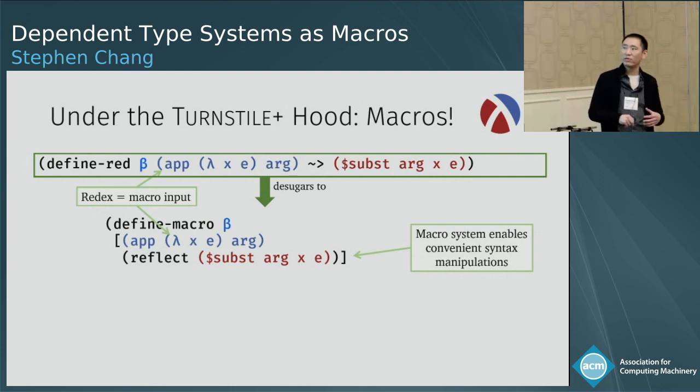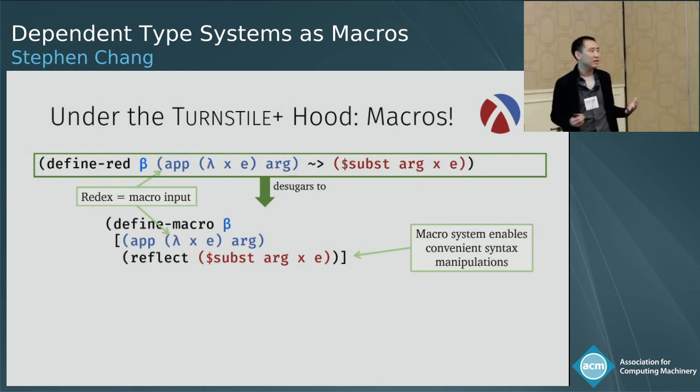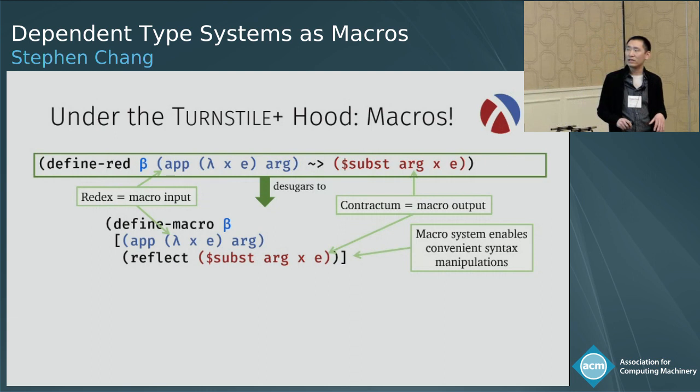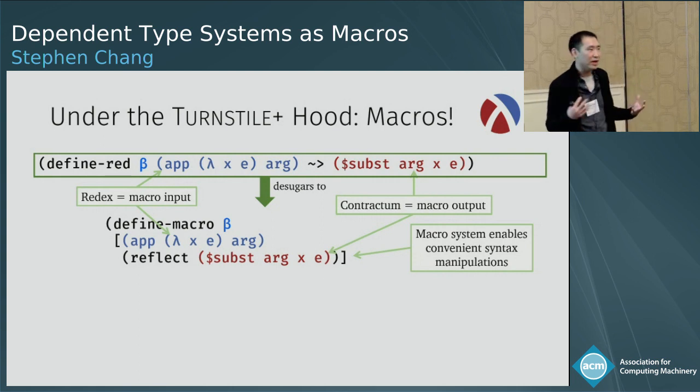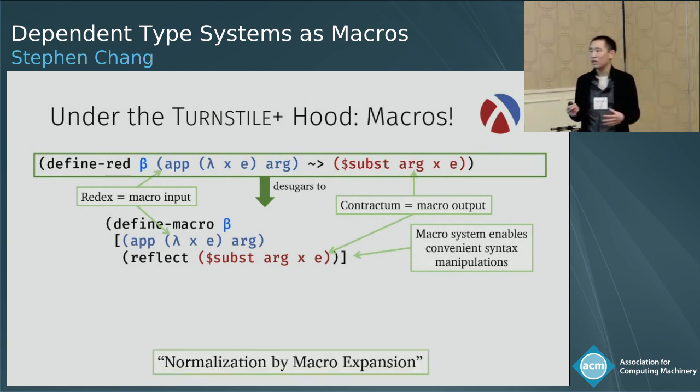Here, specifically, the redex becomes a pattern that's an input to the macro, and the contractum creates the result of the reduction, and that's the output of the macro. And so since we are normalizing types using macros, we call this normalization by macro expansion.